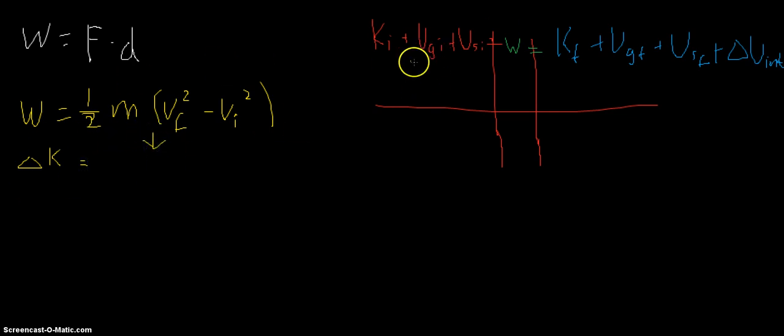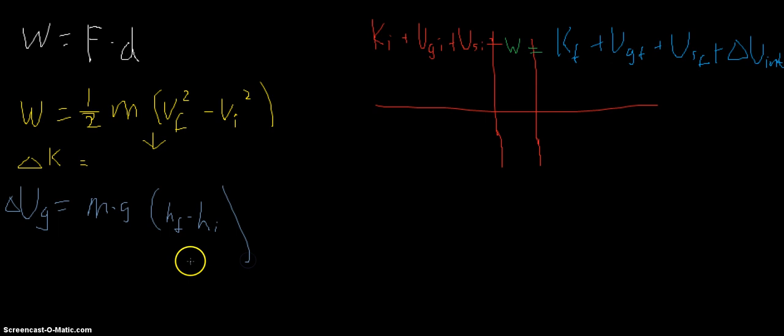And then we learned about this thing: delta U_G, the change in gravitational potential energy, basically equals mass times gravity multiplied by h_f minus h_i, which is quite self-explanatory, to be honest.